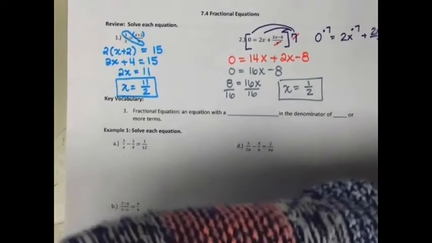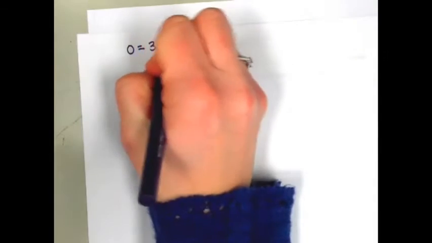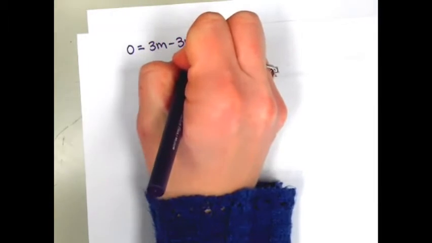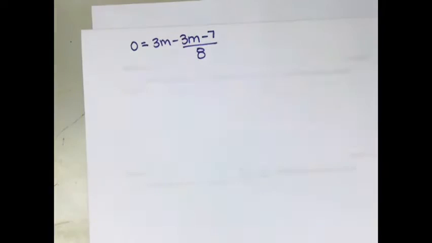15 on 299. Is that what you said? Okay. All right, so 15, we had 0 equals 3m minus the quantity 3m minus 7 over 8. All right, we go to that. Second one.